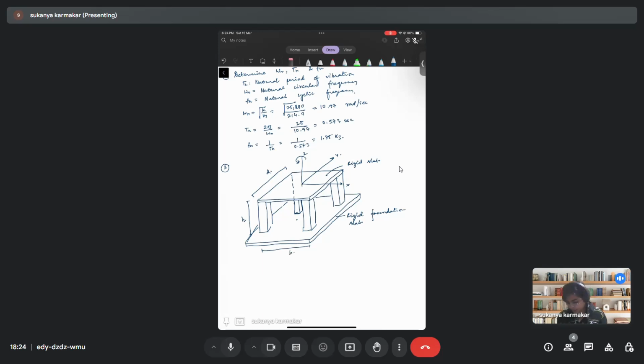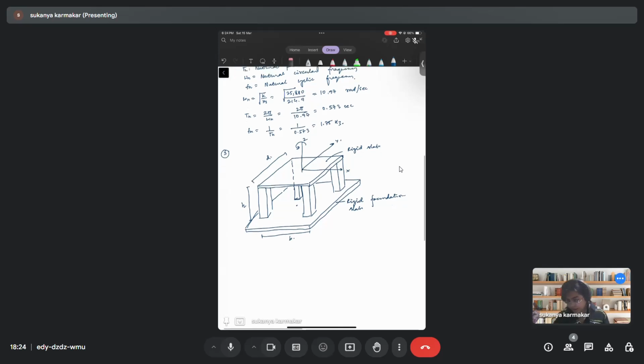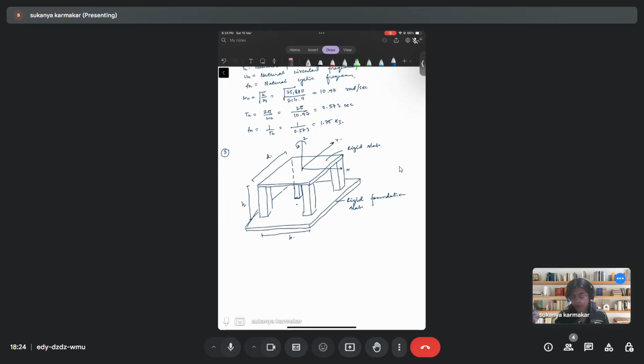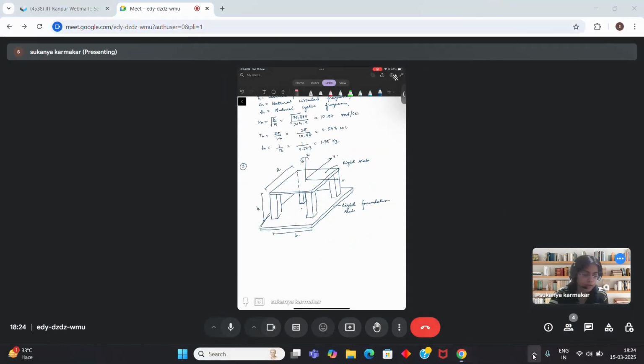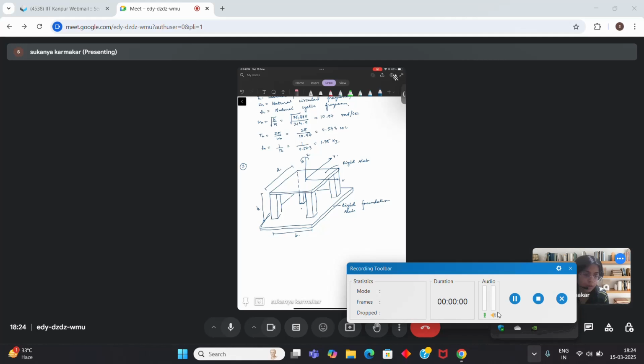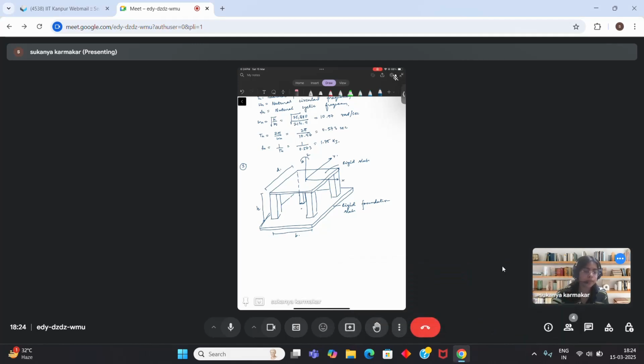So here what do you have to do? It's given that you have a uniform rigid slab of total mass M and it is supported. So you have a rigid slab.